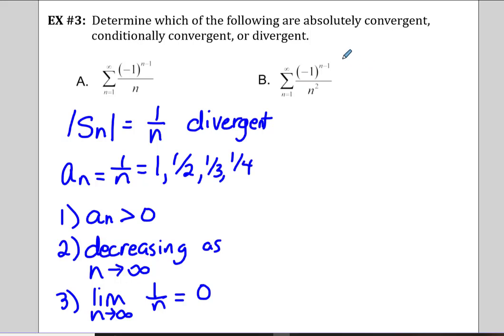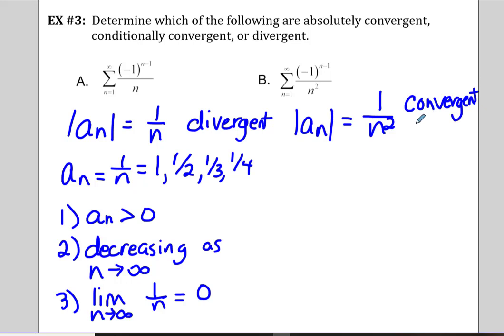In example B, we've got 1 over n squared. Instead of this being s sub n, it should have been a sub n. So our a sub n is 1 over n squared, and this is a convergent p series since p is greater than 1.